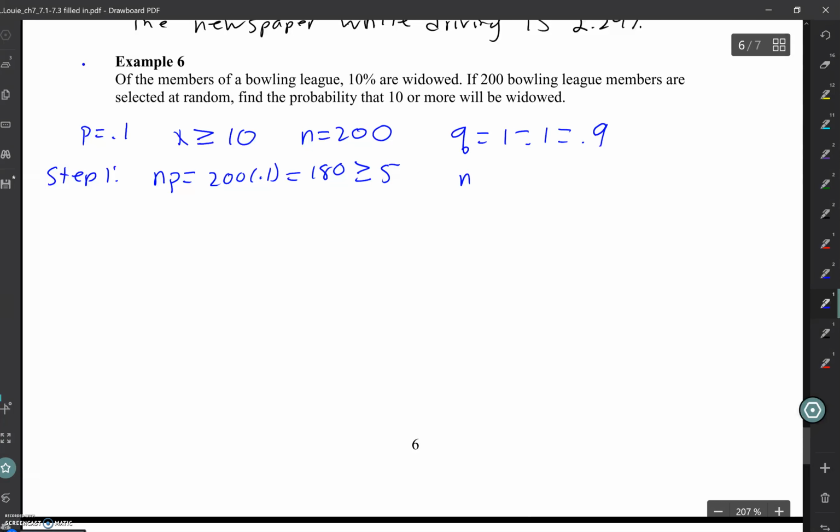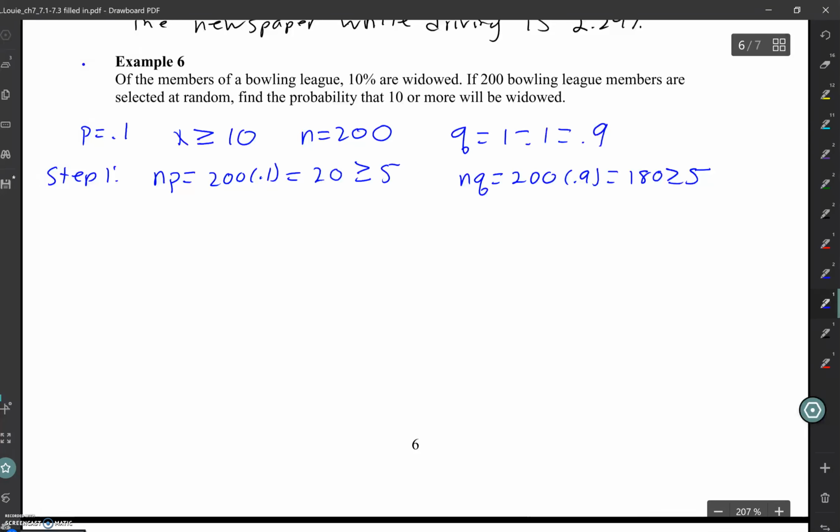Then if we do n times q, and we do 200 times 0.9, what does that give us? 180. That's where the 180 comes from, huh? Yeah. All right, good. So both of them are greater than or equal to 5. So that means that we can use the normal distribution on this.